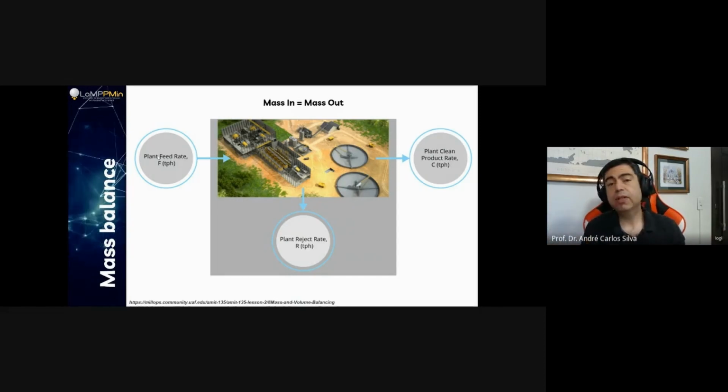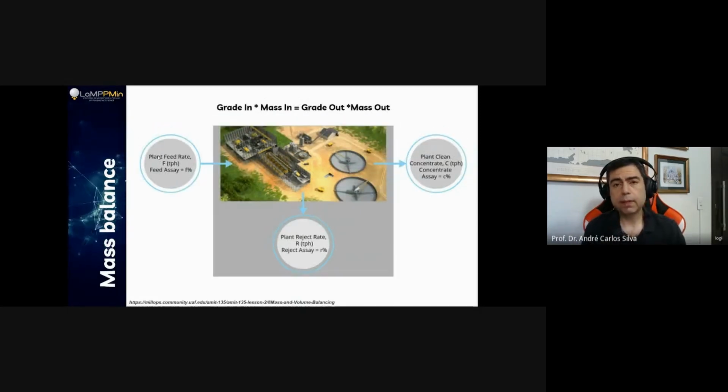And that's actually feasible. You can do your mass balancing by this black box, okay? I just put a big black box around my mineral processing plant and say, okay, everything that goes in has to come out, okay? And again, it works. But then again, I'm not producing only tons per hour. I have to consider the material that I actually want to sell. So for example, if I'm in an iron ore mine, I have to consider the grades. How much hematite do I have in my feed?